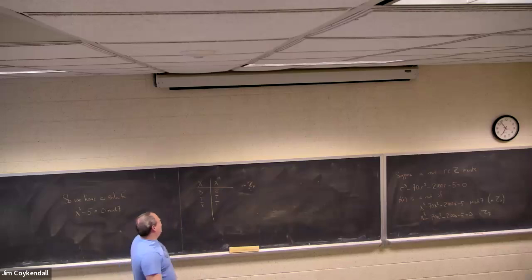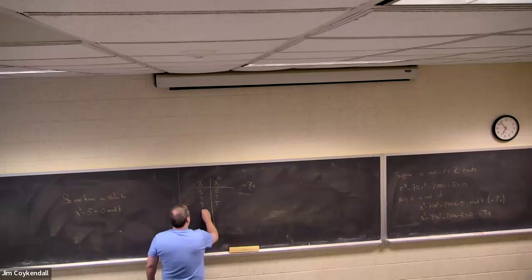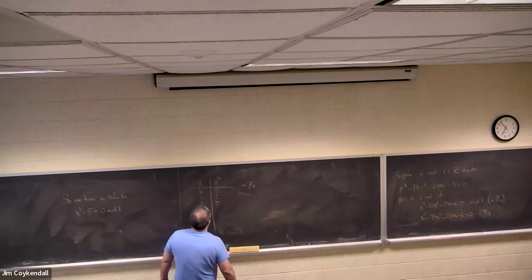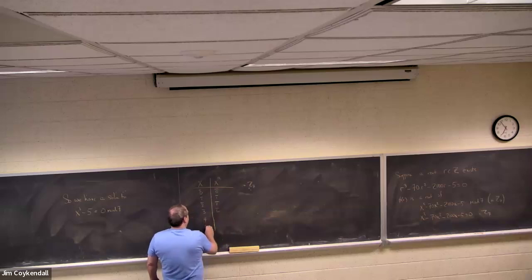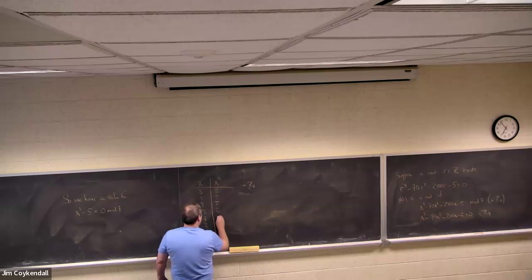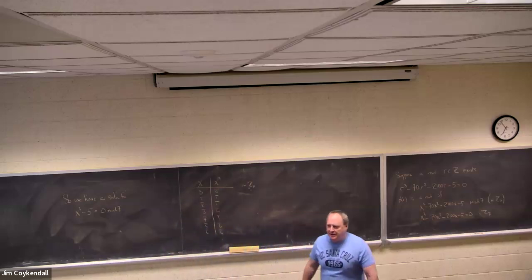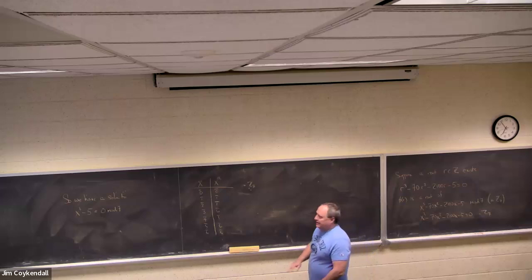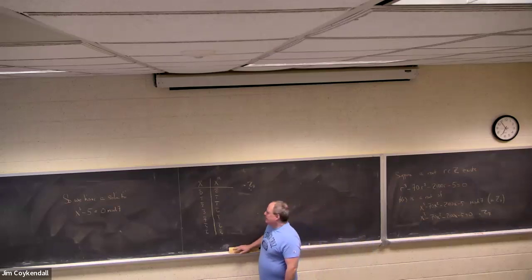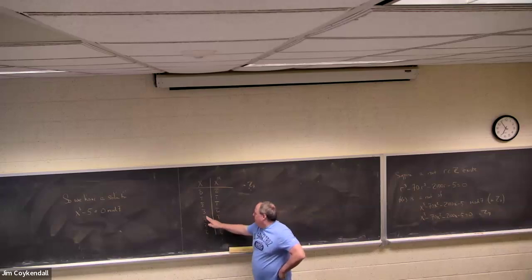Mod 7, 2 cubed is 8, which is 1 mod 7. 3 cubed is 27, which is 6 mod 7. I'm going to do these faster. Everybody agree that 3 cubed is 6? 4 is the same thing as -3.